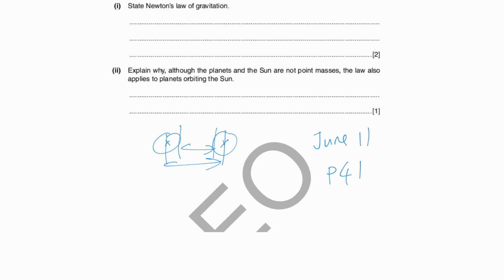So if they are very far apart, like the Earth and all the planets to the Sun, are they near or far? So you can treat them as just point masses. It doesn't matter anyway, because the error is small. So the only thing you say is their separation is very much bigger than their radius.